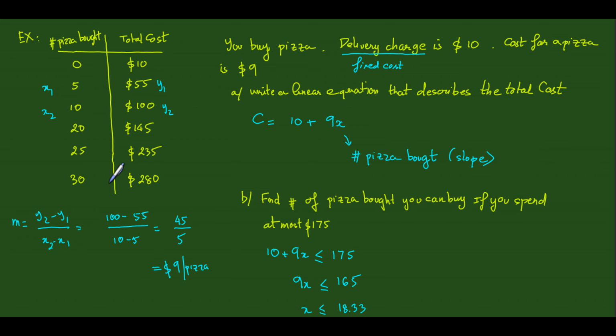Then you can also find the slope, the price for each pizza. All right. So that is how you write a linear equation based on the data.